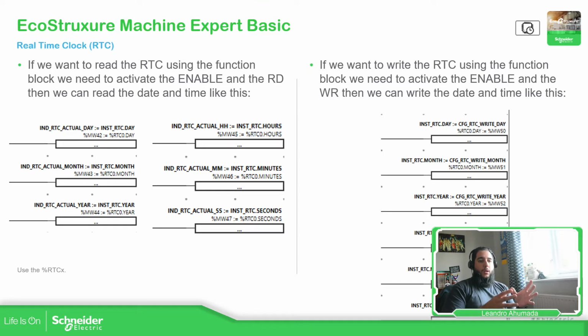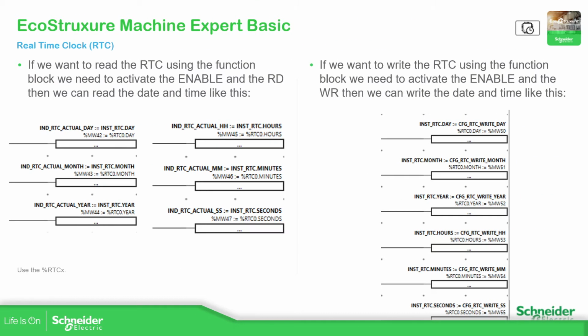It's simple. The first thing that you need to do is to know which is the instance of the RTC that you have. And then, as we saw in the timers or the counters, we have variables that are linked to the function block. In our case, we have these ones for reading and the same for writing.